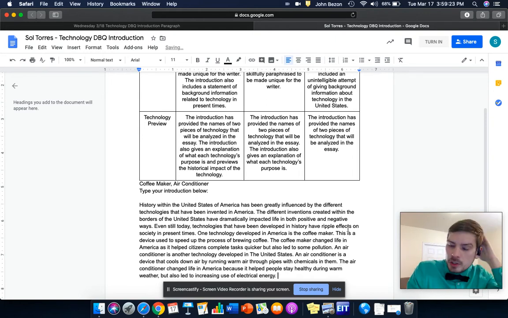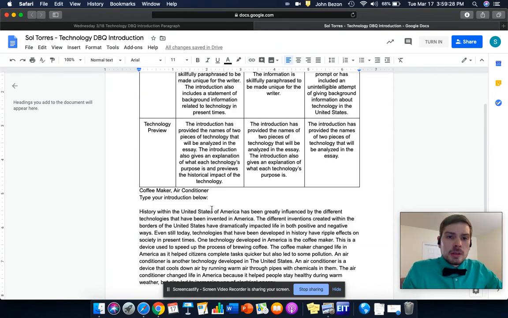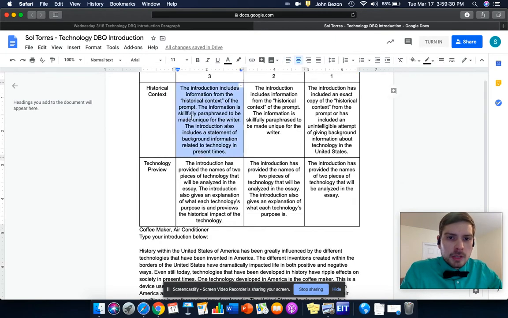Because more people are using air conditioners, electricity is being used more, which is not good for our environment as well. So let me read over this again and look at my rubric.